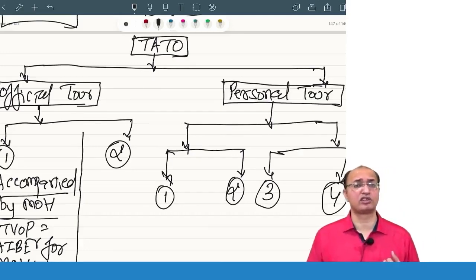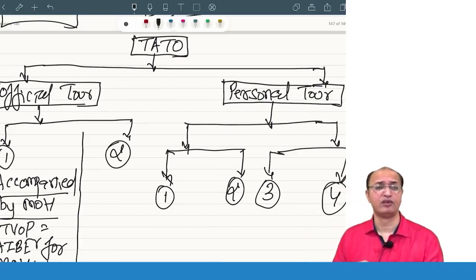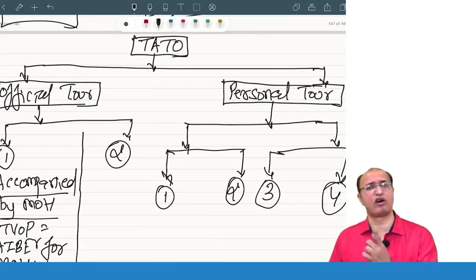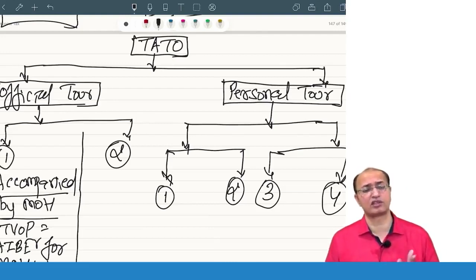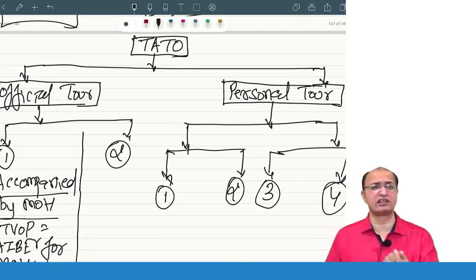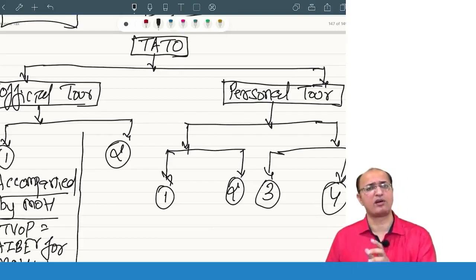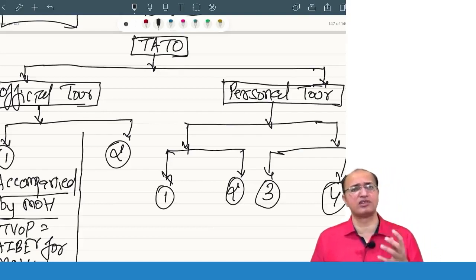But whatever cost they are incurring for my wife is not incurred for official purpose. Here there is a personal advantage because my wife is on a personal tour. So whatever cost Inside Commerce Studies is incurring for my spouse, for my wife, that amount is a personal advantage which I have received.